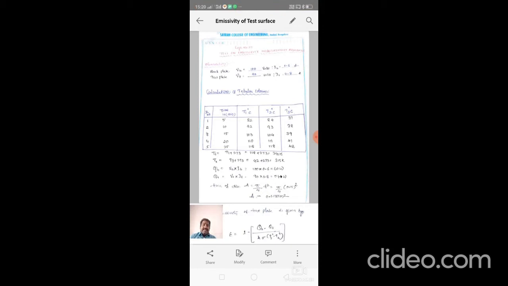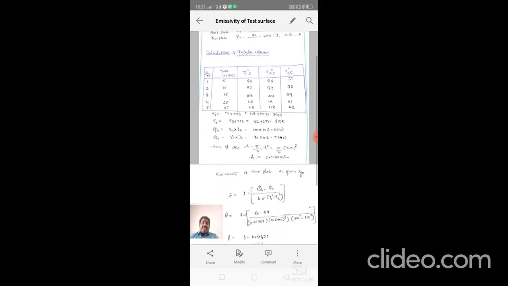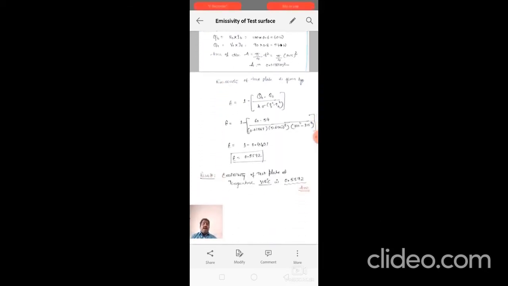And the area of the disc, the plates are the same, so A is equal to pi by 4 d square, where d is already given, the diameter is 0.15 meter, so pi by 4 into 0.15 whole square, you'll get an area of around 0.01767 meter square.